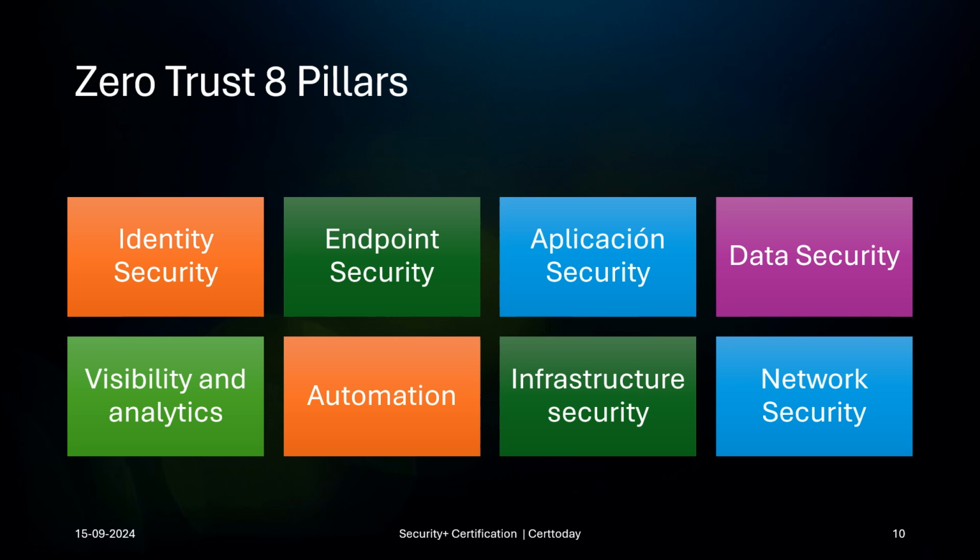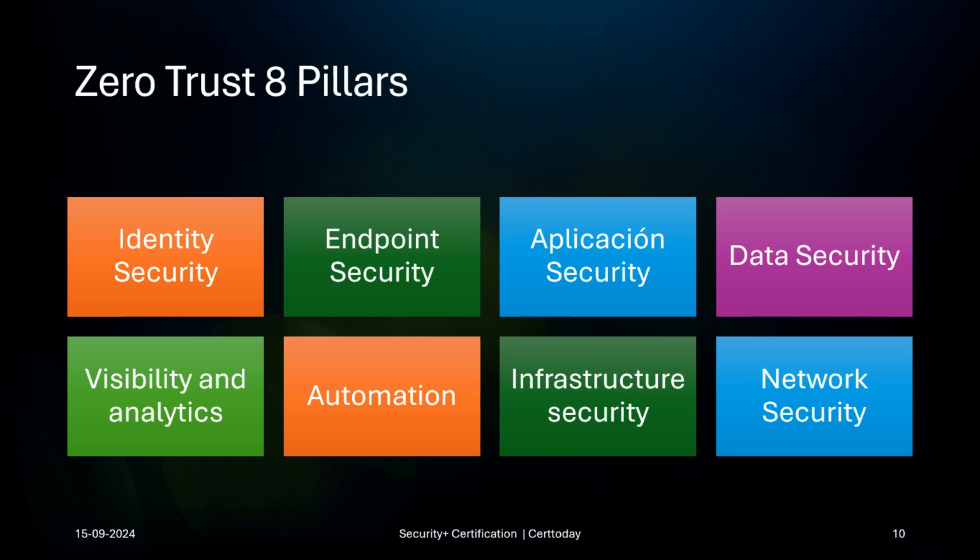Visibility and analytics. This is important. You cannot protect what you cannot see. You must have technology to be able to have visibility within your whole security component. Automation. This is another part that a lot of companies are implementing. Automation helps with human error. Whatever can be automated, whether it is user creation and termination, which a lot of companies do already.